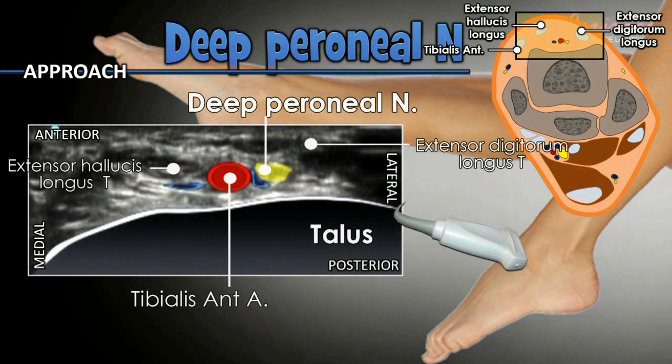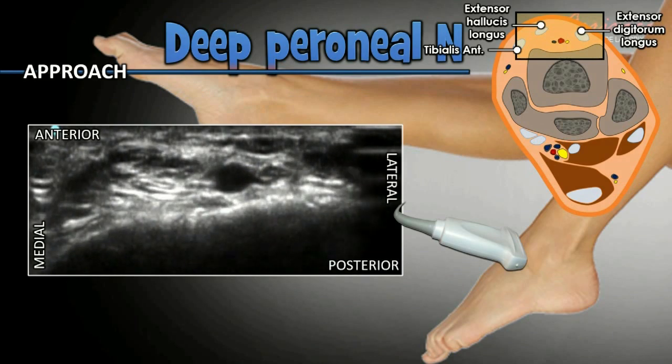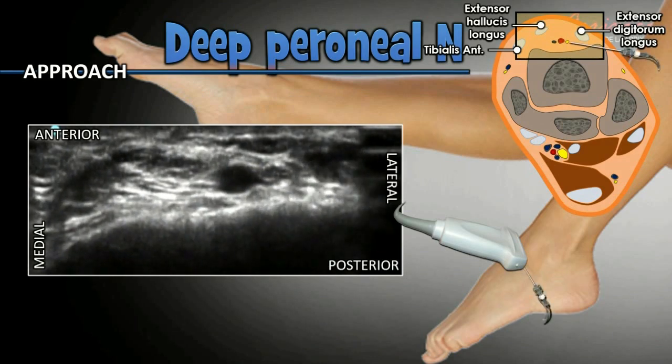We first identify the nerve, and then once identified, the puncture is performed in plane from lateral to medial, depositing the local anesthetic as close as possible to the nerve, avoiding vascular puncture.